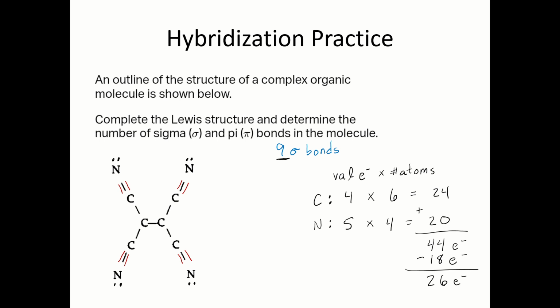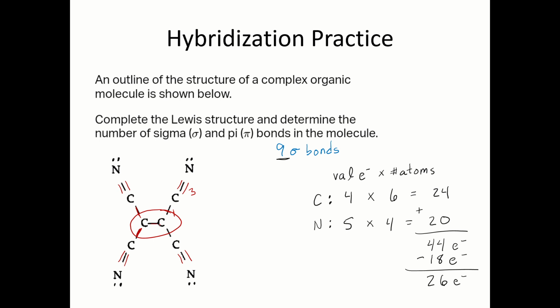That automatically gives each one of those carbons 4 bonds, because we've got 3 from the triple bond plus 1 going to the center carbons. So each carbon has a total of 4 bonds, which is what it would like to have, and no lone pairs. But the issue is, if we look at these 2 carbons in the center, they only have 3 bonds each.